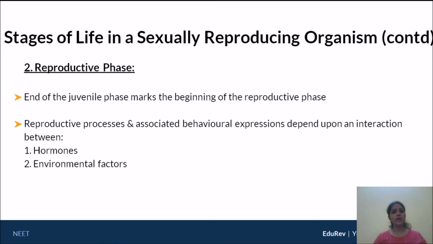So in a particular season, you will find that the testosterone level is very high, and that level would be accompanied with good environmental conditions that would help them to mate. So in case of other animals, generally speaking, hormones and environmental factors together play a very important role for certain reproductive processes and for certain behaviors that they express.